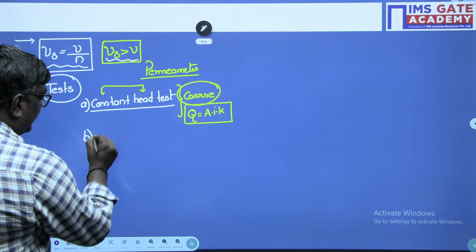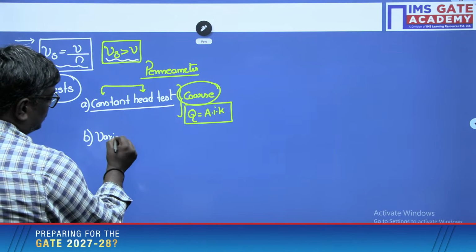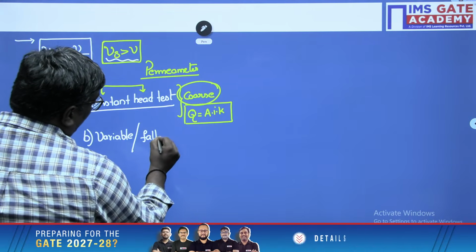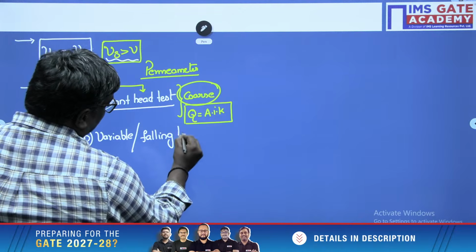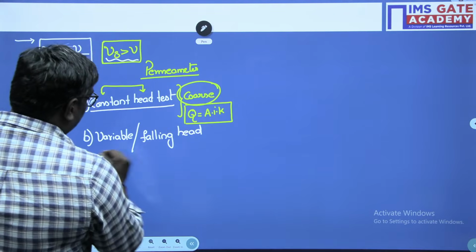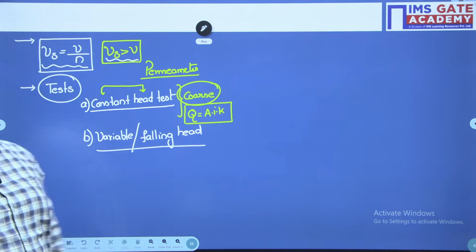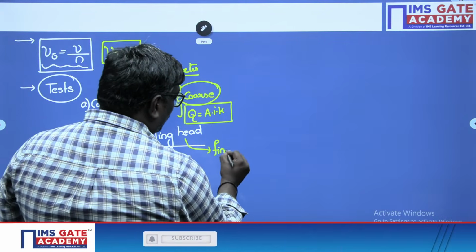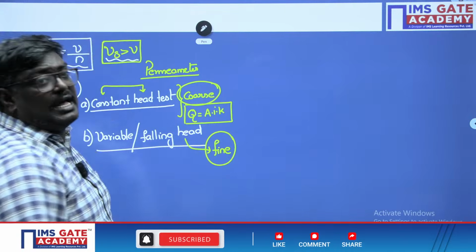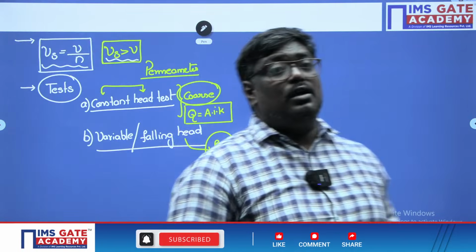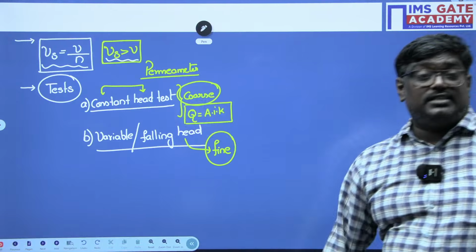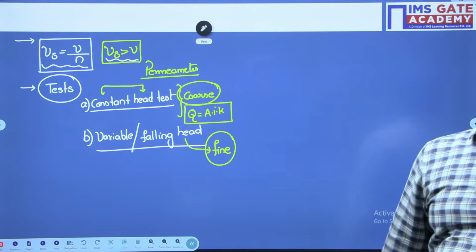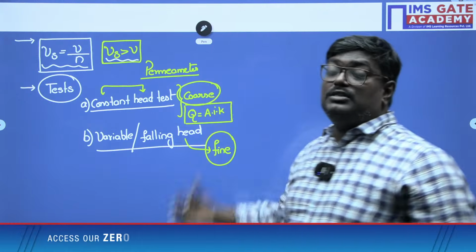Similarly, we have the variable head test, also called the falling head test. This variable head test or falling head test is suitable for fine grained soils. You can ask me why the constant head test is not applicable for fine grained soils. Sir, fine grained soils settle by settling velocity and they keep on changing the head.